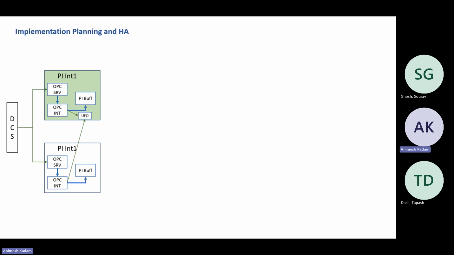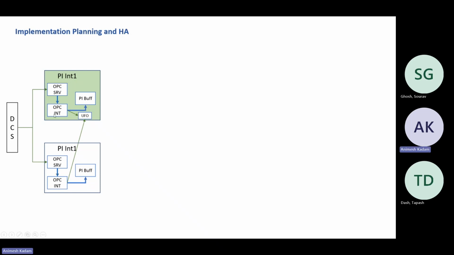So when we talk about the interface level failover, what we really do is, as you can see here, each interface is pointing to one OPC server. In this case, we have a redundant OPC server for one DCS. Both the OPC servers have the same data, and one interface instance is pointing to one OPC server, and another interface instance is pointing to another OPC server.